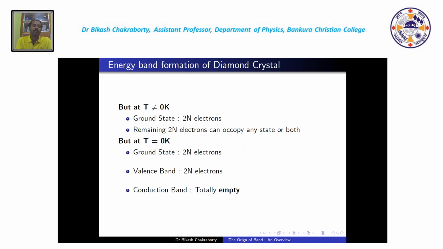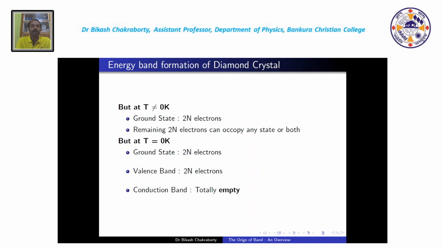If we consider T not equal to 0 Kelvin, in the ground state there were 2n electrons. They will not share with anyone, and the remaining 2n electrons can occupy any state in either the conduction band or valence band, whatever they want. But the very important thing is, what will happen at T equal to 0 Kelvin?